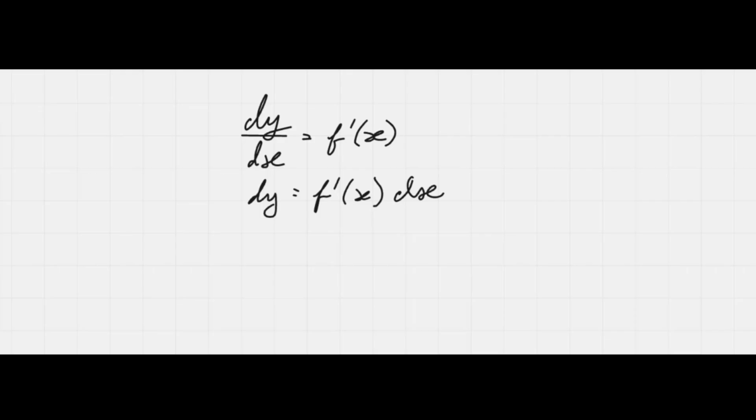And so this whole idea of a differential can translate over to multivariable calculus with what we call a total differential. We essentially take this very concept and introduce partial derivatives, and we use that to define a total differential.